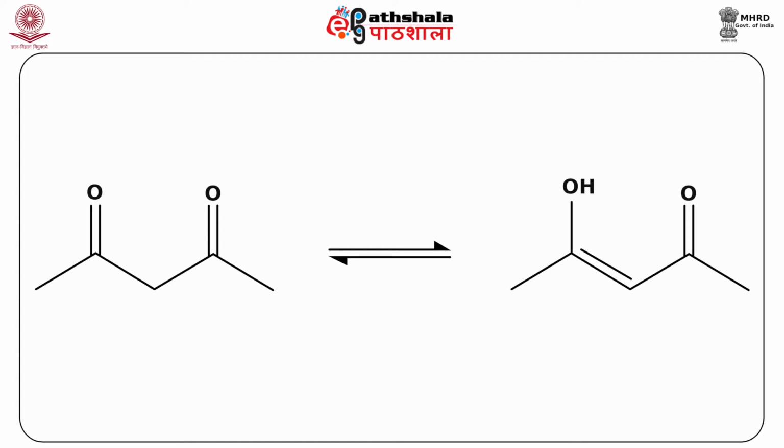The absorption due to the CO group will also be lowered due to intramolecular hydrogen bonding in such compounds. In addition, a broad OH stretching frequency and a C=C stretching frequency will also be observed.